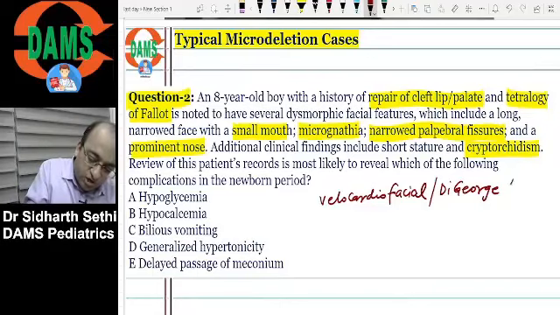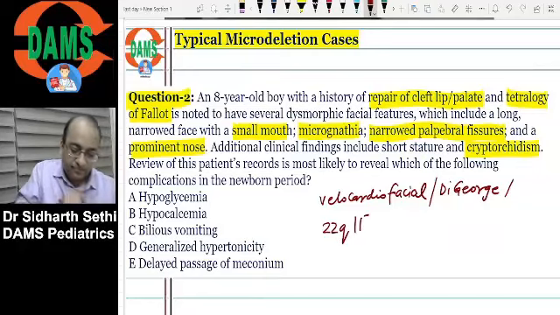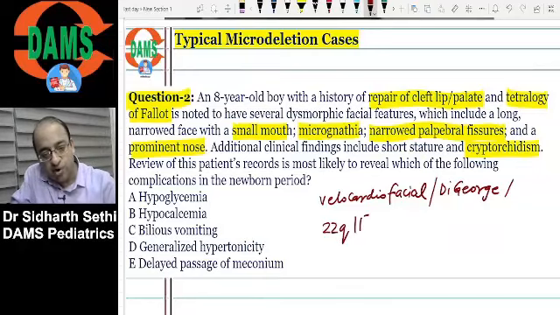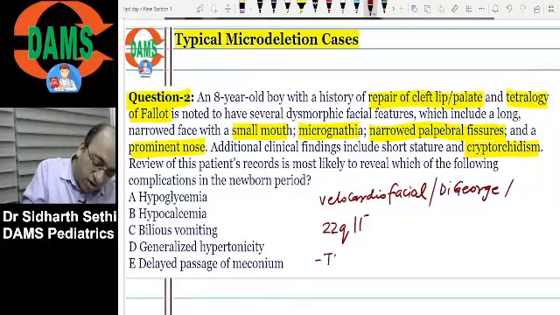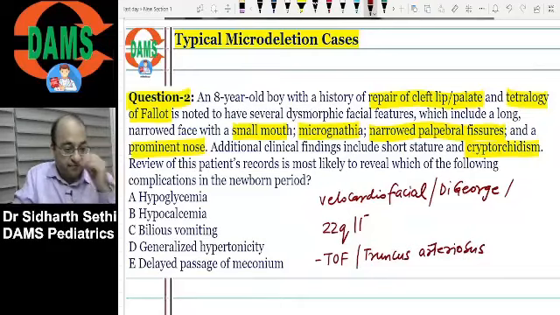So this is called DiGeorge, 22q11 deletion. It's a microdeletion syndrome called 22q11 deletion. So they have cleft lip, cleft palate. In the heart they have tetralogy of Fallot or truncus arteriosus. In the heart they can have tetralogy of Fallot or truncus arteriosus.